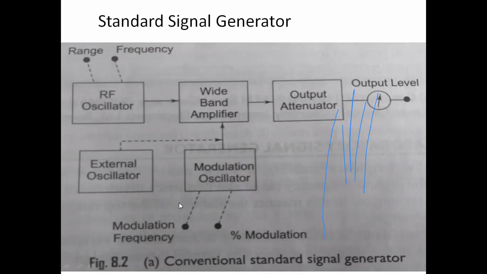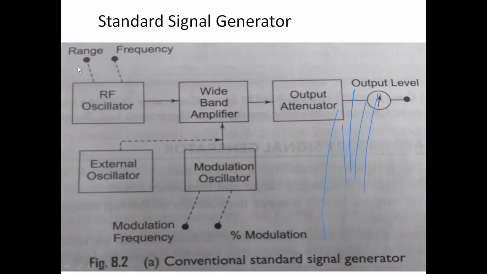Here we have a modulation frequency adjustment, and a percentage of modulation adjustment. Similarly, from the RF oscillator we can adjust the range of frequencies, and also choose a fixed frequency.